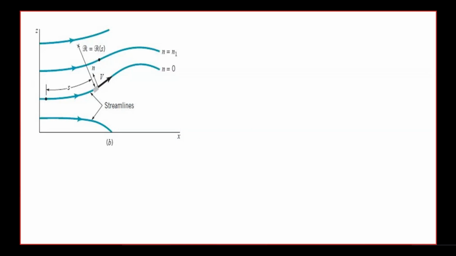Okay, if it is clear, now we have understood that velocity is responsible for defining the path of the particle, and the path followed by the particle is called streamline. But the issue here is that the position or the path of the particle is continuously changing, right?